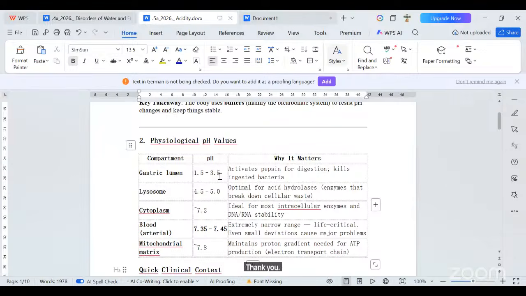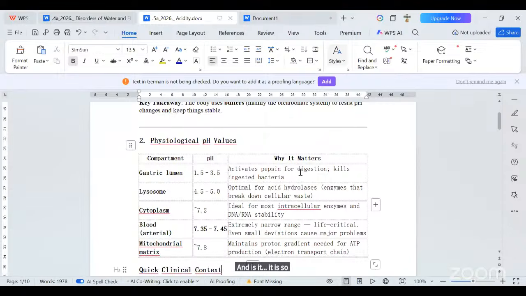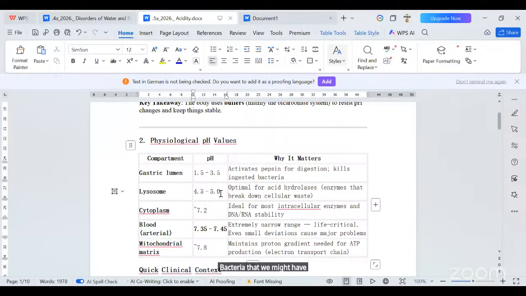So that's why when you don't eat, sometimes your stomach will be biting you, because the acid in the stomach will start dissolving the stomach lining. You're having some pinching pains. So the gastric lumen is acidic, and it is so because it activates pepsin for digestion and also kills bacteria that we might have ingested in our food.